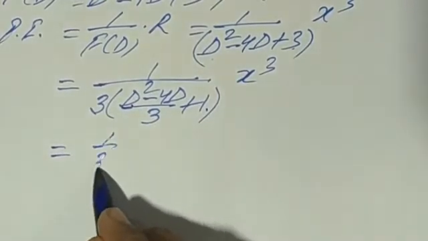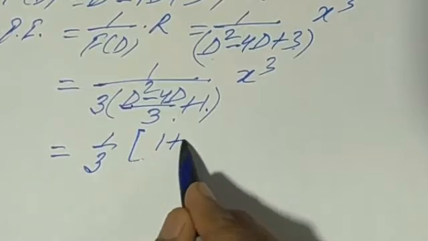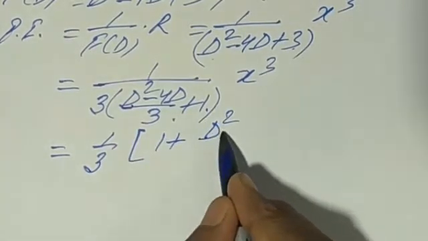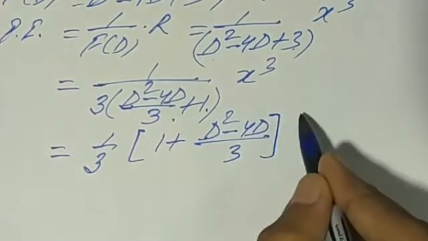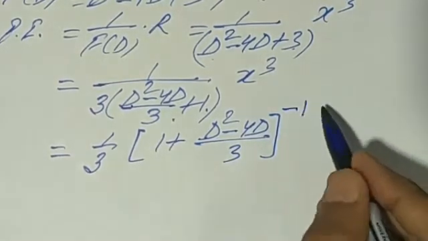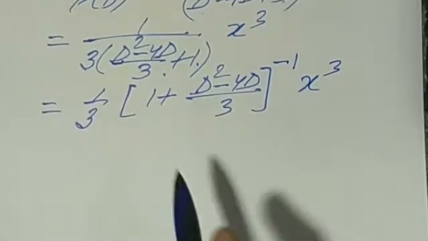So 1 upon 3, and taking this to numerator we get 1 plus D square minus 4D upon 3 raised to the power minus 1, x raised to the power 3 or x cube.